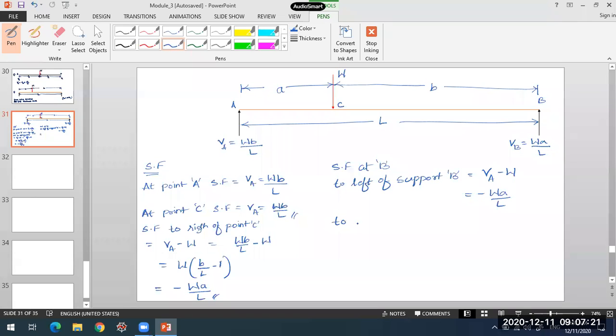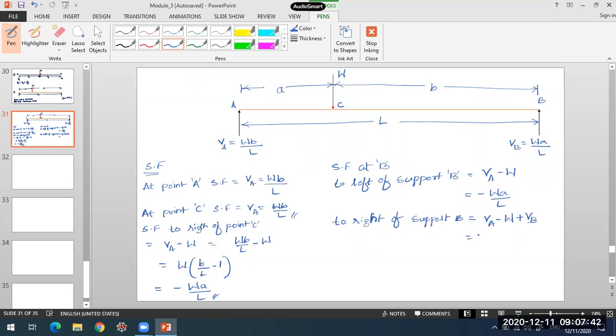And when you go to the right side, right of support B, that will come out to be VA minus W plus VB. Now VB will come in.